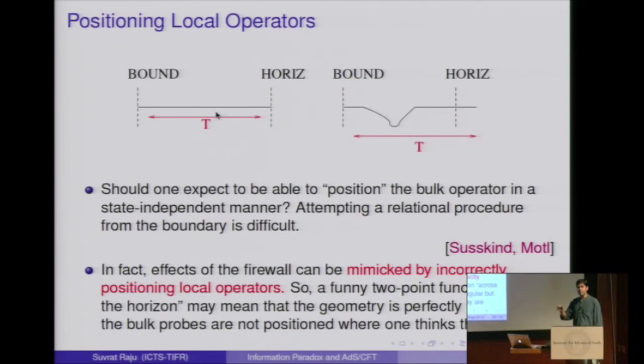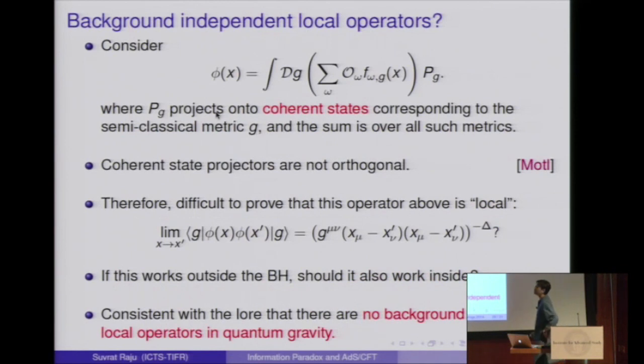But what might have happened is that the 2-point function that you identified as corresponding to a firewall in fact just corresponds to some mispositioned bulk probes. When you are measuring 2 points that were right next to the horizon, you were actually measuring something very different. And this is something that can happen, and it's important to understand. Can you really position operators in some state-independent manner?